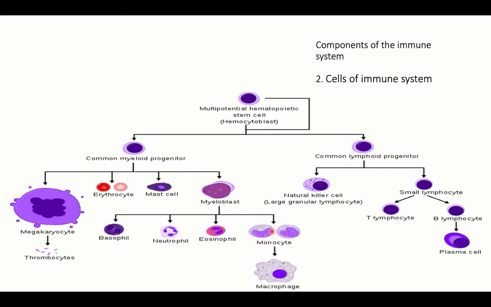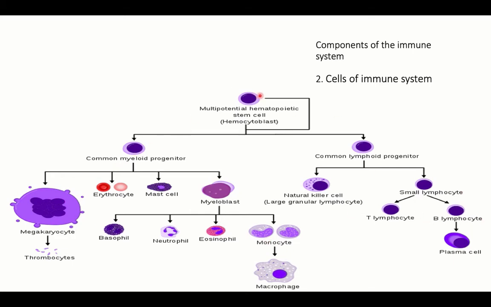Monocytes circulate in the blood, or are present in the circulation, and when they reside in the tissues, they are called macrophages. So we have granulocytes that include basophils, neutrophils, eosinophils, and mast cells. All these are granulocytes, and the agranulocytes include monocytes and lymphocytes.